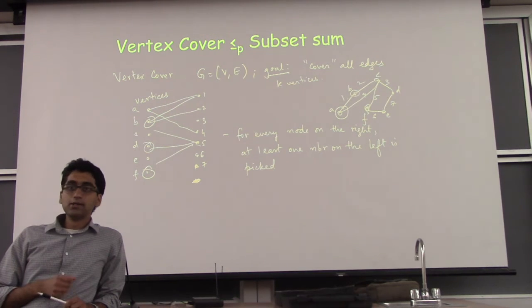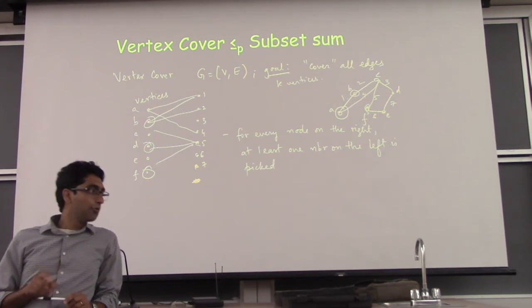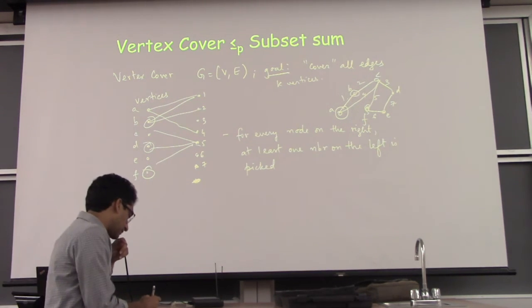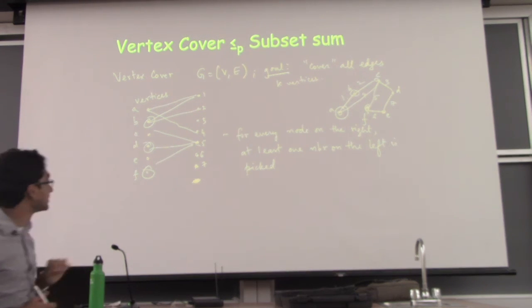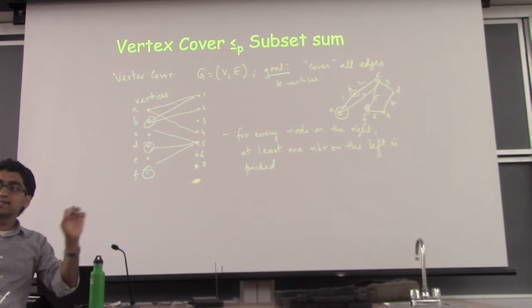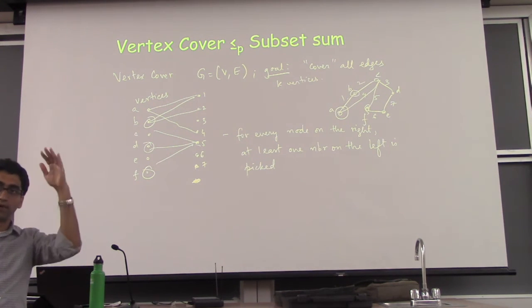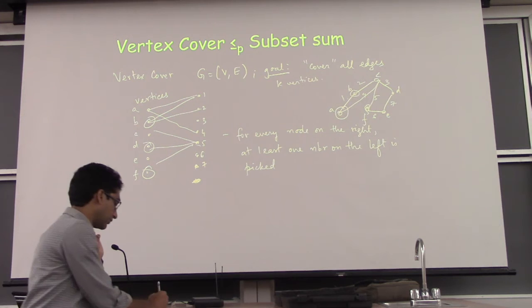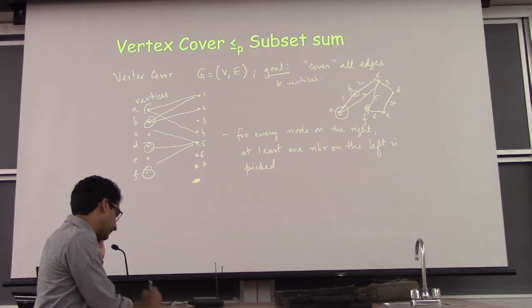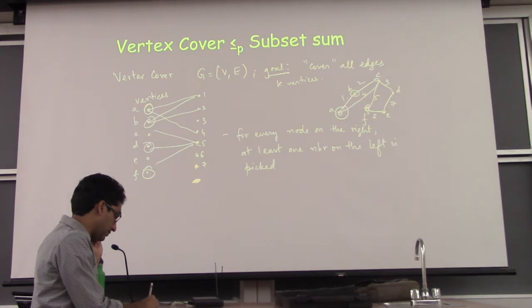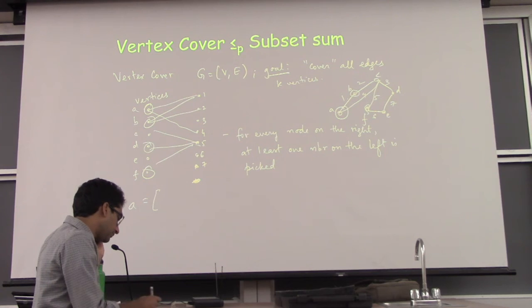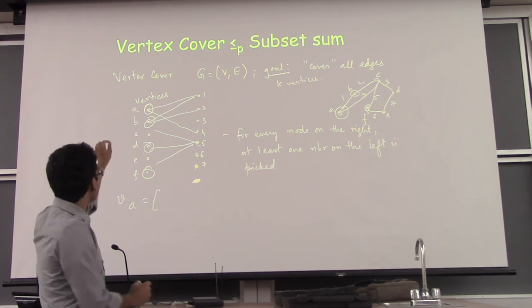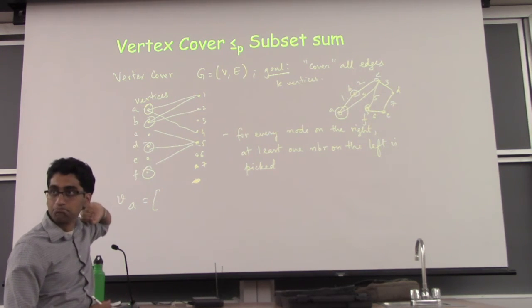Okay. So now I want you to think of, for every vertex on the left, okay, so let's say you have a 7-dimensional vector. So for vertex A, I want you to think of a V_A, such that vertex A is connected to 1 and 4, right?